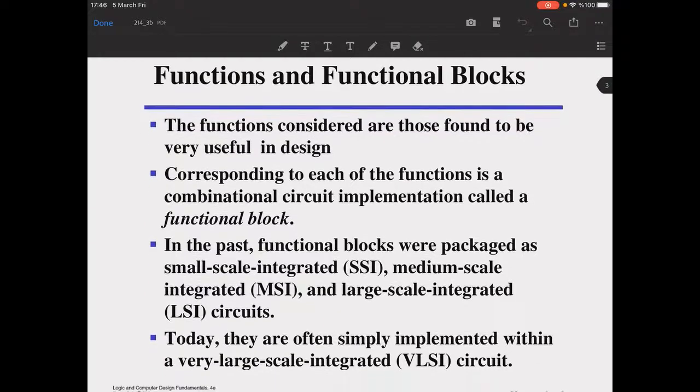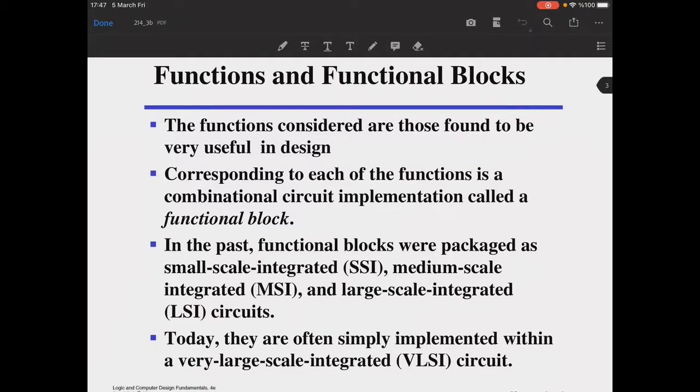So what about these functions and functional blocks? These functions are what you use again and again, like your useful toolbox, okay? And they are called the functional blocks.